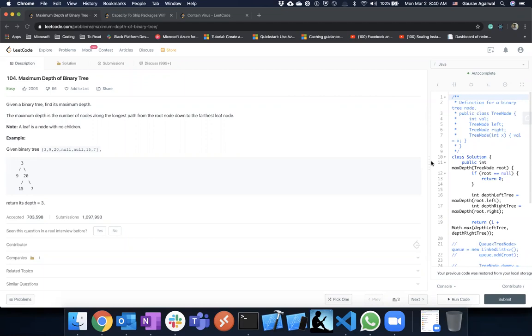You can go to each and every depth, and for every node you go to the left or right and find whichever is the max one, and then add 1 to it, and then return that. Fair enough. Straightforward solution.